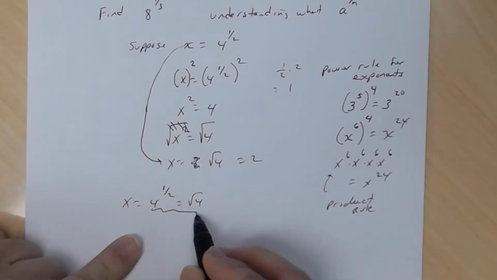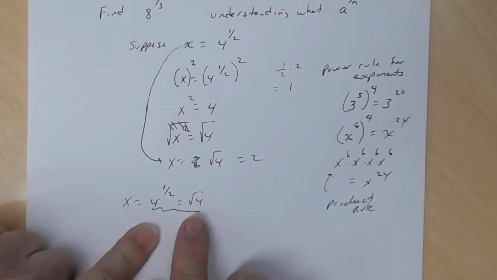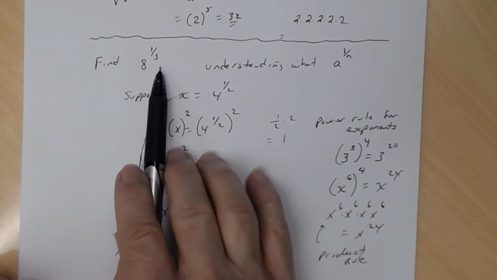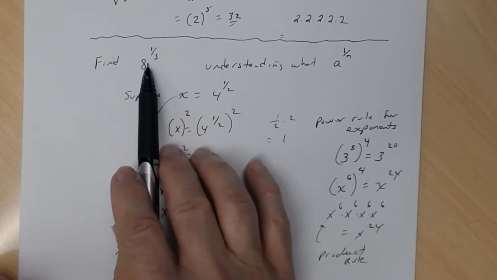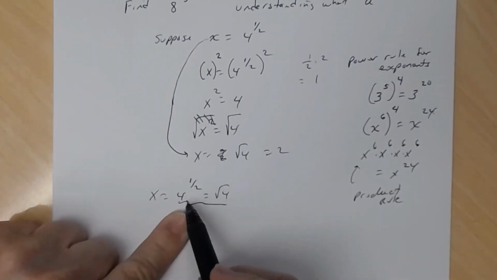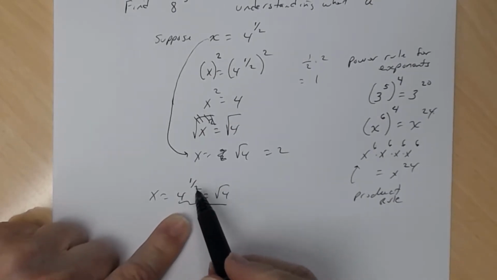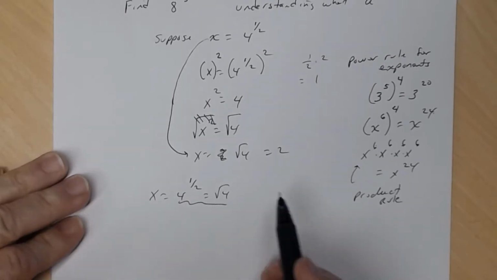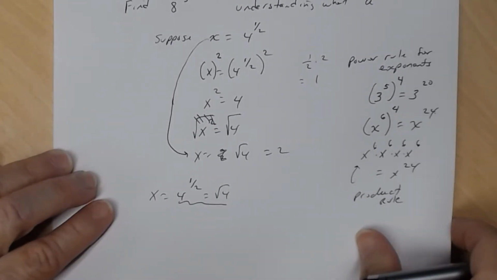So that means these two expressions are equal, they're equivalent. Remember, the idea was to go from a rational exponent to a radical, and notice I did go from a rational exponent to a radical. Okay, now let's look at another one, and we're going to come back to this and discuss it.